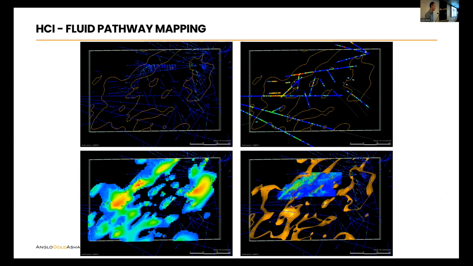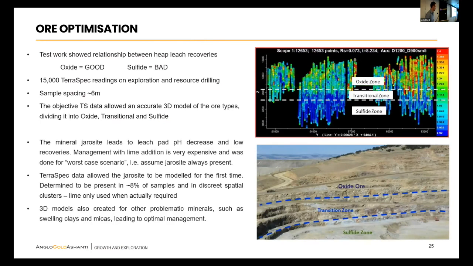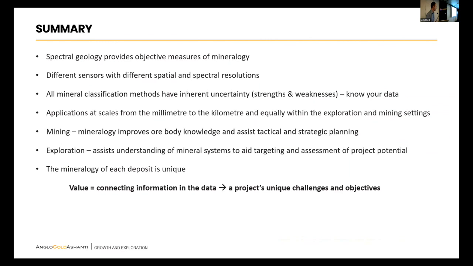This was the grade control model, or the block model that they built for gold, compared to our alteration wireframe. And you can see the alteration wireframe pulled out quite nicely one of the best and well mineralised structures. So I'll skip through this example because of time and just wrap up with a summary.